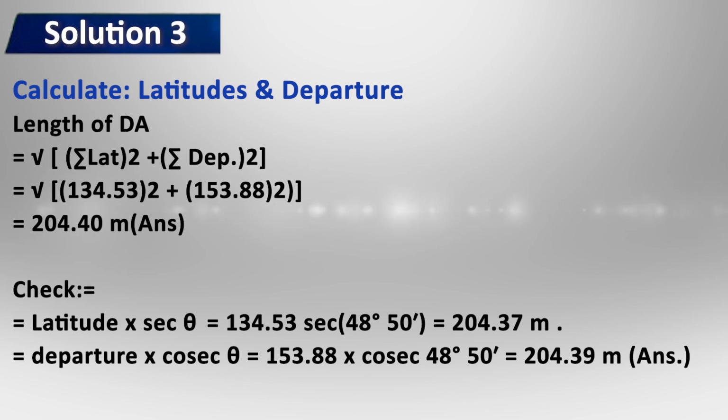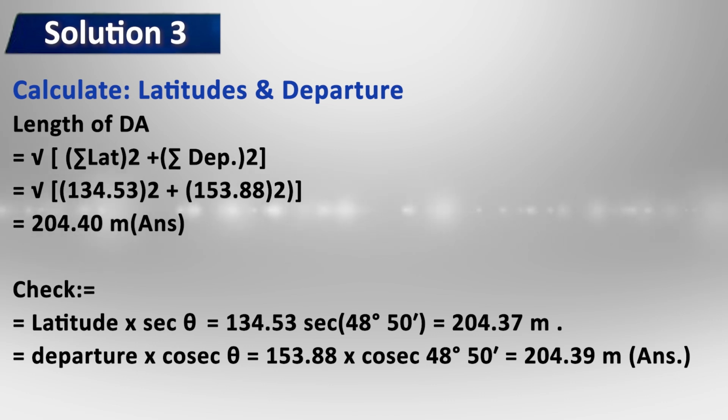And to calculate the length of line DA, which is equal to the square root of the square of summation of latitudes plus the square of summation of departures. So solving it, we will get the length of DA as 204.4 meters. We will have a check also.